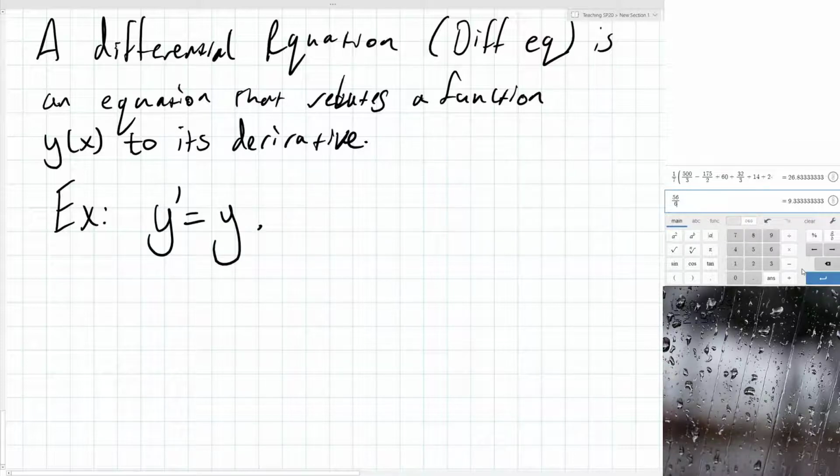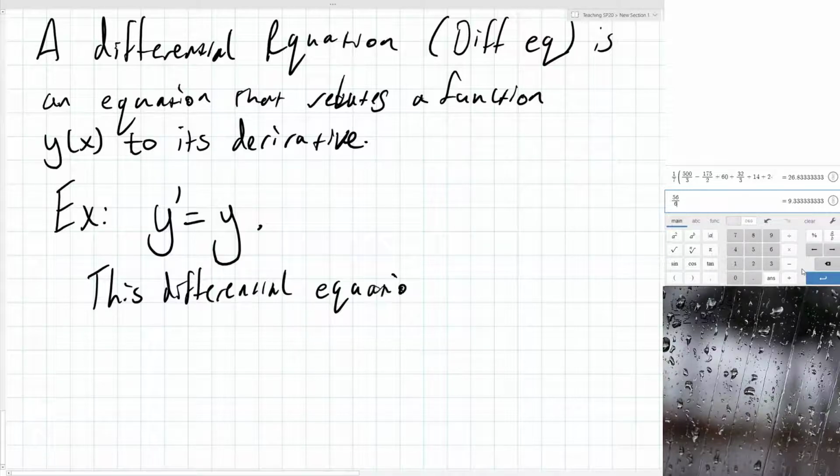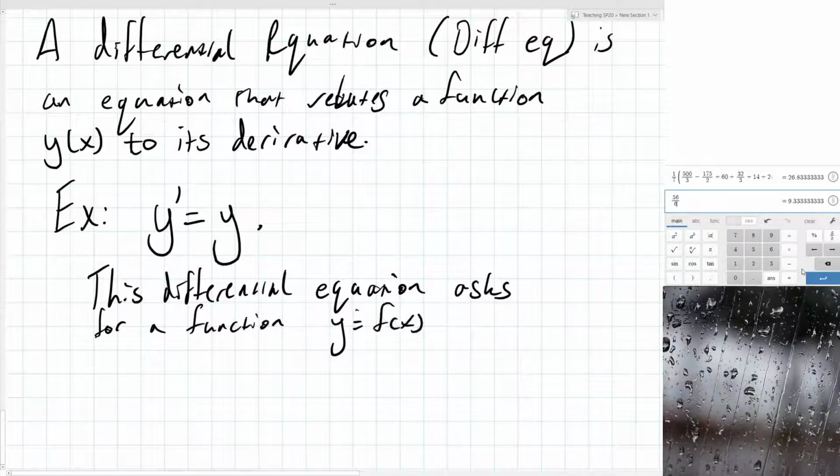This differential equation asks for a family of functions, or rather it asks for a function y equals f of x such that f prime of x is equal to f of x.